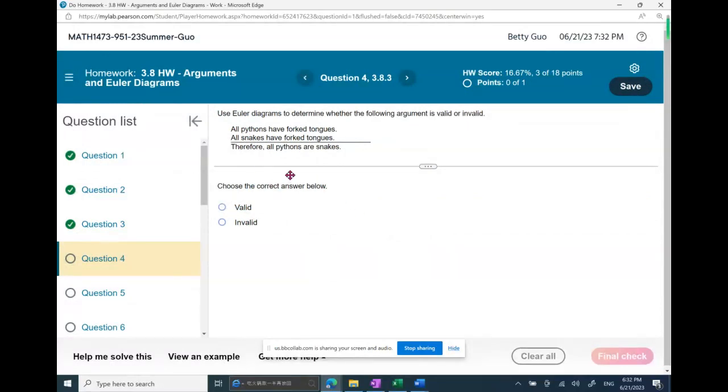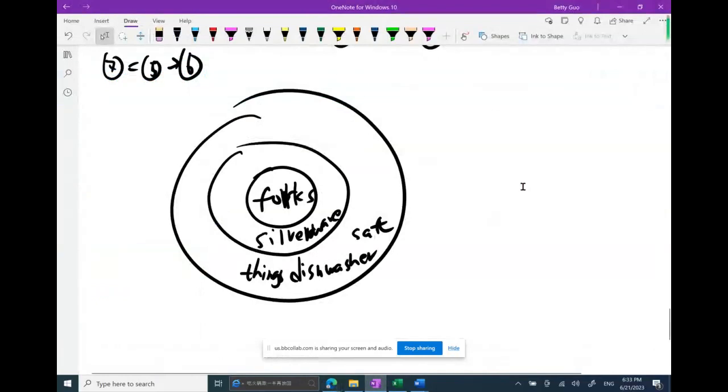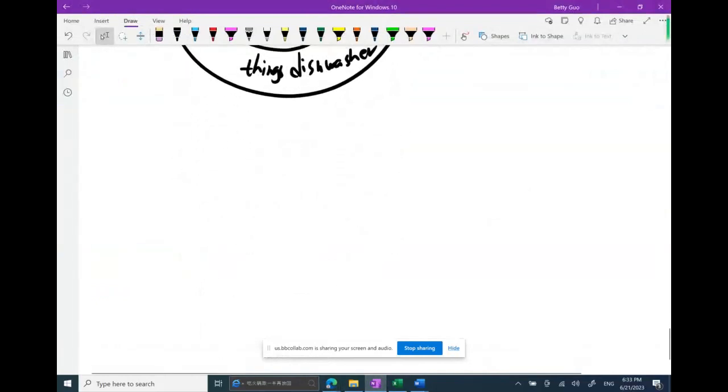This one. First premise: all pythons have forked tongues. Second premise: all snakes have forked tongues. Conclusion: all pythons are snakes. That might be a problem. Invalid. So we need to find one graph that would not give us the conclusion.